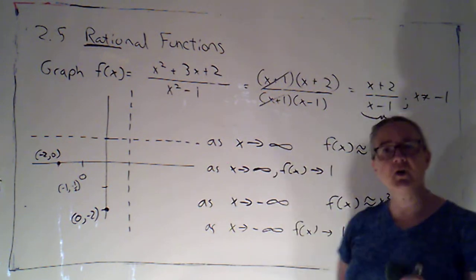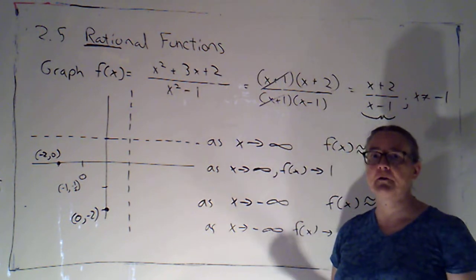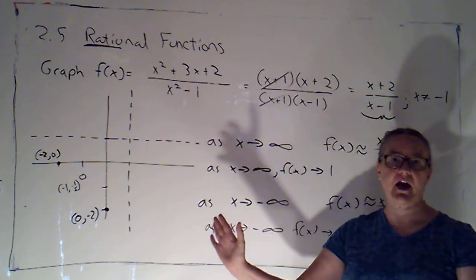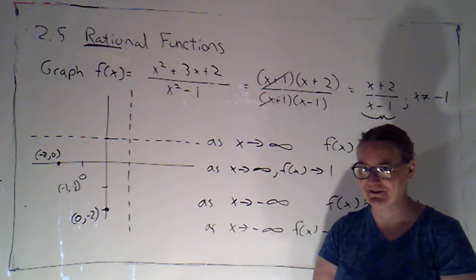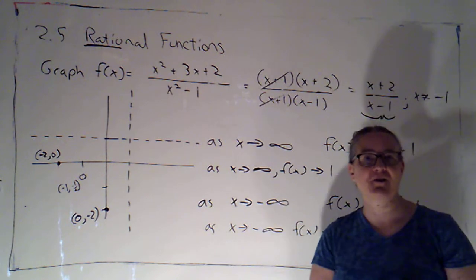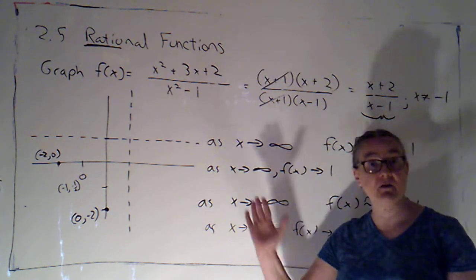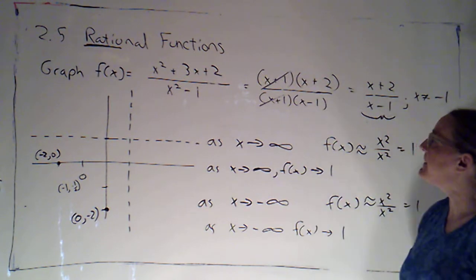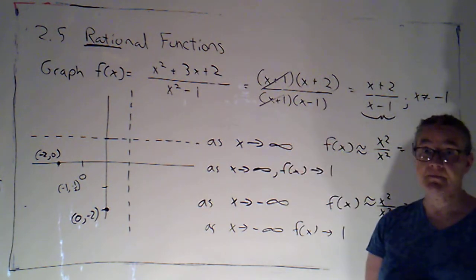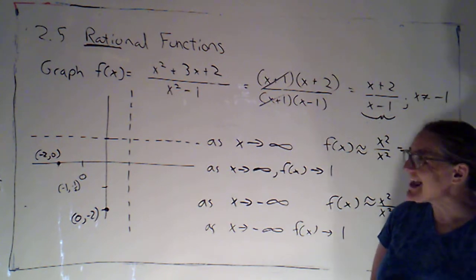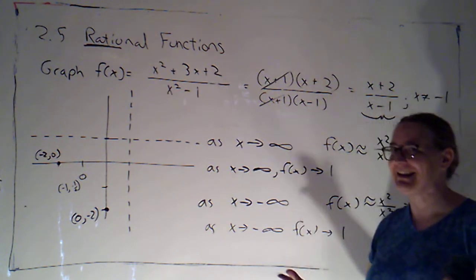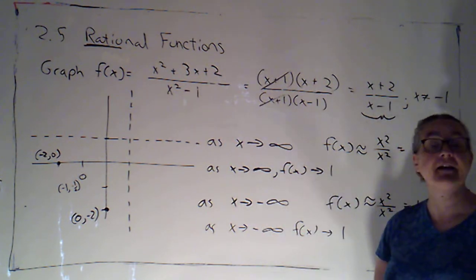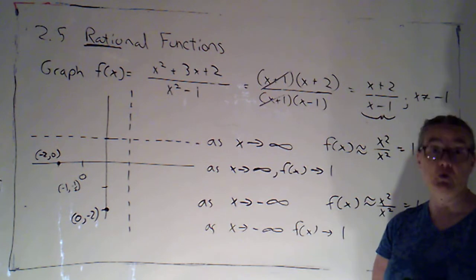Now, that's something that the book says you need to check for every single time. Sometimes I might say it's okay, you don't need to check. Read the directions carefully. If I ask you to check for crossing a horizontal asymptote, I want to see the work checking to see whether you cross that horizontal asymptote. But these are very time-consuming problems, and when you get to calculus next semester, you're going to have some other techniques that are going to make it fairly obvious whether you do or don't cross the horizontal asymptotes without having to check directly.